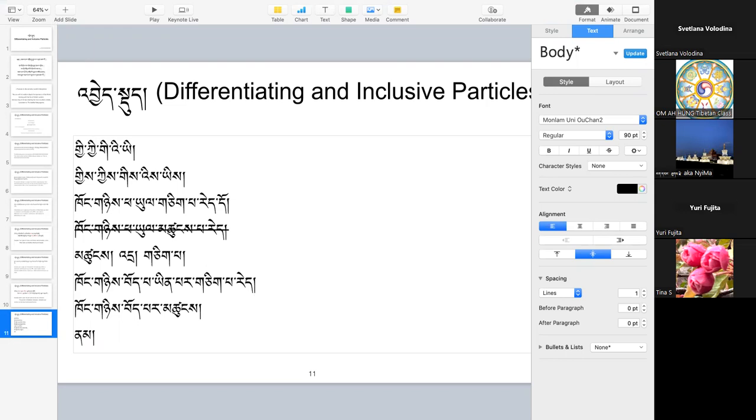How is it possible that one particle is used in so different ways? So you're saying that this particle, nam, is also used for time marking? In what sense? Can you please give me an example?